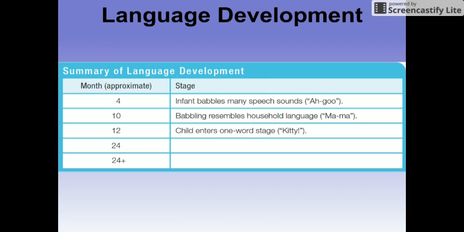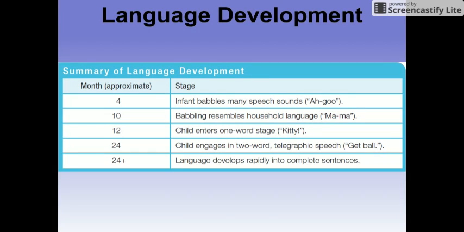So we enter the one word and now the two word stage, in which you can say things like get ball. Instead of get the ball, please, you simply say get ball. And so you really start to see the beginning of sentences. And once you hit 24 months or 2 years and above, our language begins to develop quite rapidly into complete sentences.